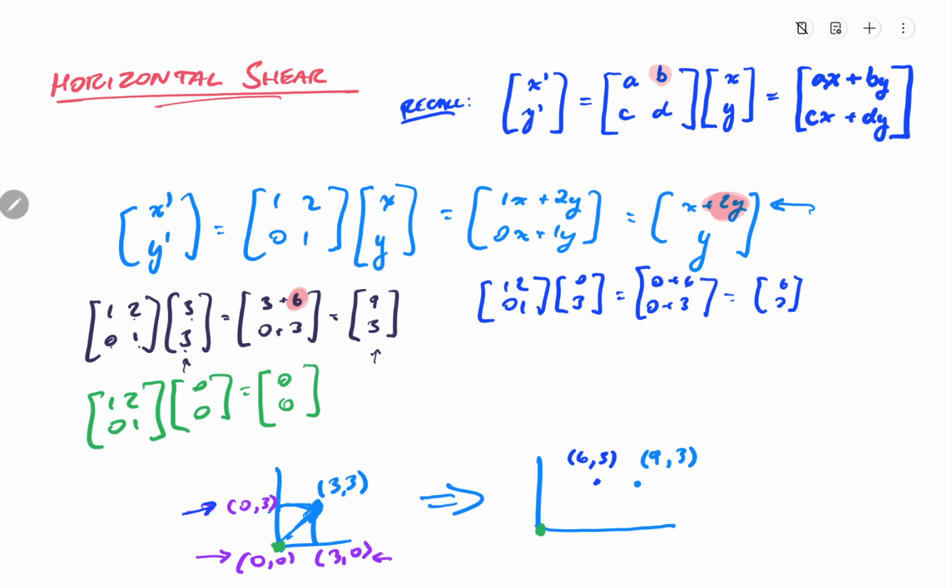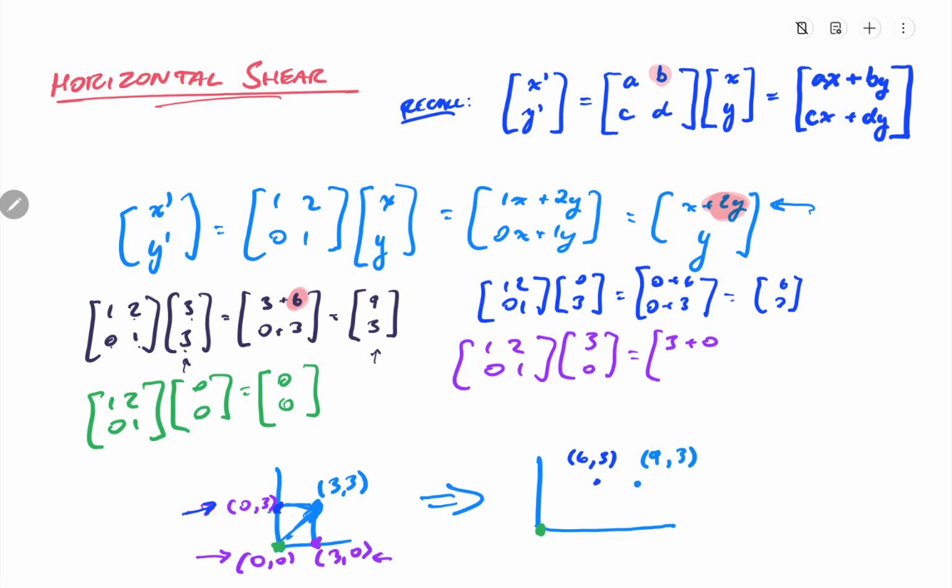However, let's look at where the fourth point ends up being. This might be the interesting part. This point was blue, that point was green, and let's do purple for this one. If I take our transformation matrix and multiply it by our input, 3, 0, first times first is 3, and we're going to add 2 times 0.